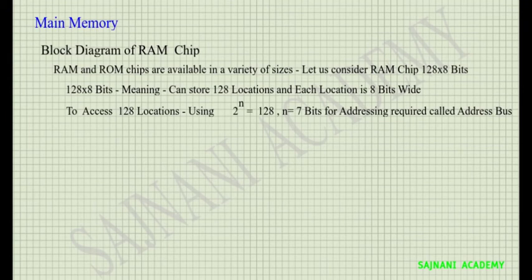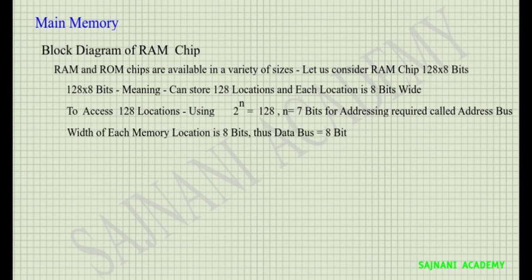In order to access 128 locations of this RAM IC, we can use 7 bits for addressing. These 7 bits will be called the address bus for this RAM IC.